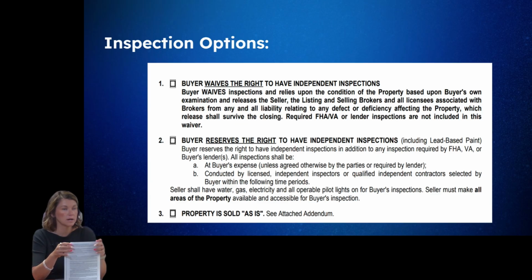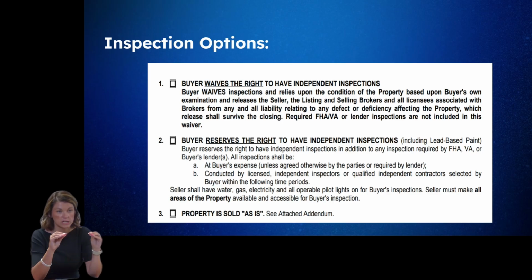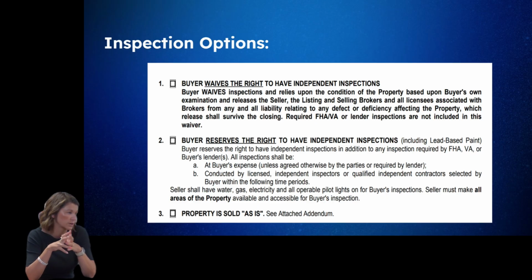There are a couple of requirements in our county and with a lender, so that's why we see this FHA, VA inspection information here. Those things cannot be waived in the waiver of inspections. So even if you waive, FHA and VA inspections would have to take place.